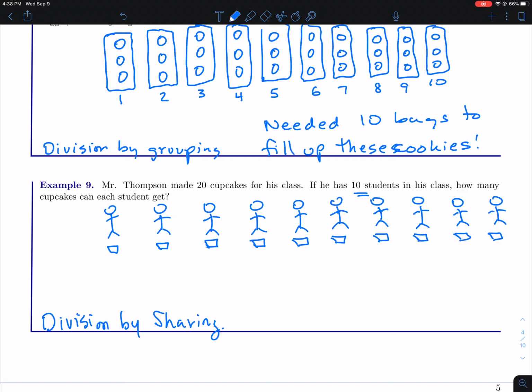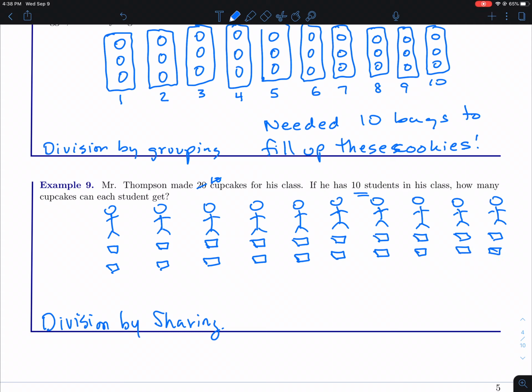So at this point, everybody's gotten a single cupcake. And that reduces me down to 10 cupcakes left. So that means I can start divvying out another cupcake to everybody else, because I know I've got enough to share. So in this case, I'm going to put a cupcake there, cupcake there, cupcake there, cupcake there, cupcake there, cupcake there, cupcake there, cupcake there, cupcake there.